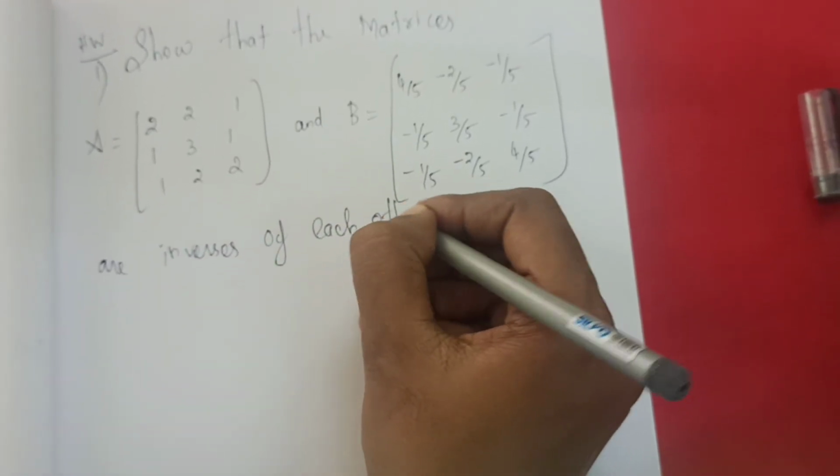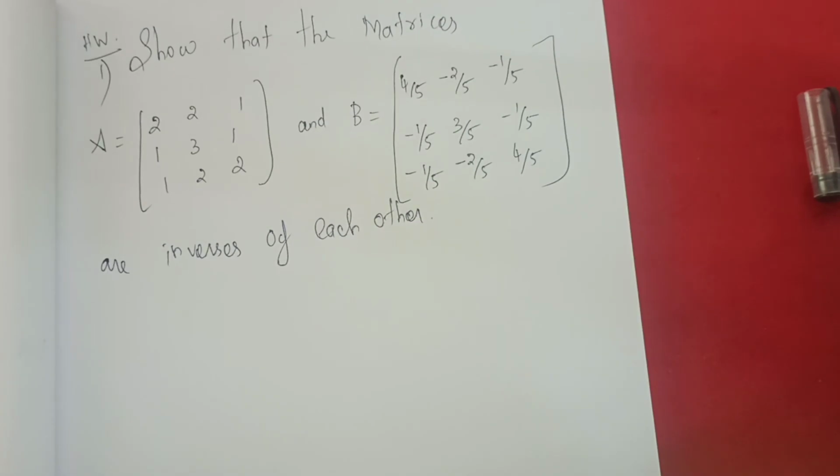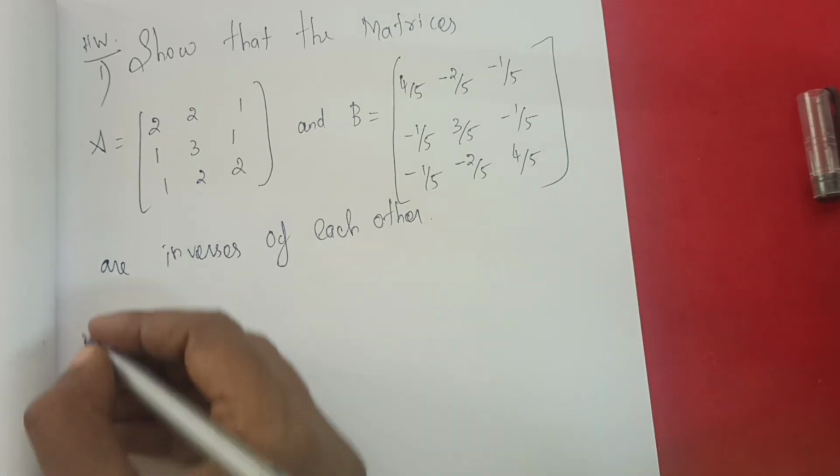We have just done the same model of inverses of each other. For convenience, you can take the 5 common outside, find AB as well as BA, and you will get I.